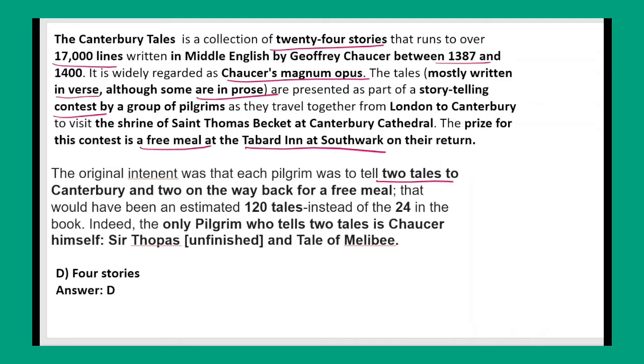Every single pilgrim has to tell 2 stories on the way to Canterbury, and 2 on the way back, for a free meal. So in total that is 4 stories. Chaucer intended to write 120 tales, but unfortunately he completed only 24 tales. The only pilgrim who tells 2 tales is Chaucer himself.